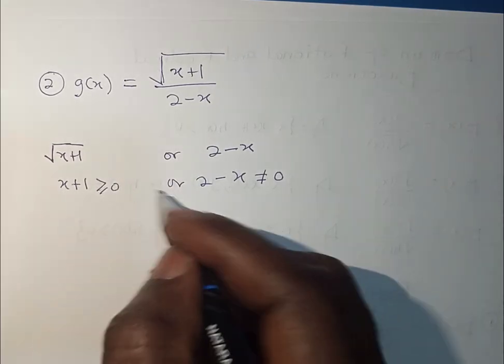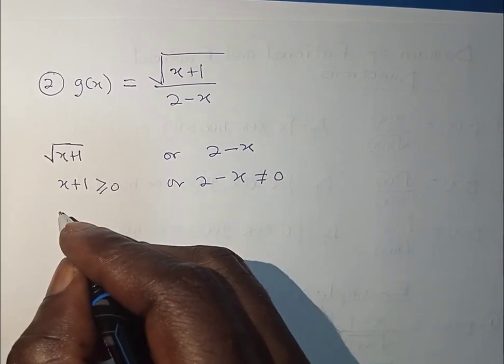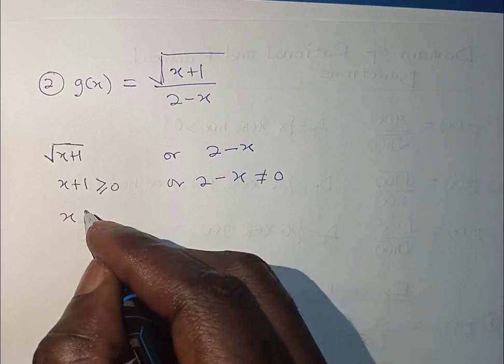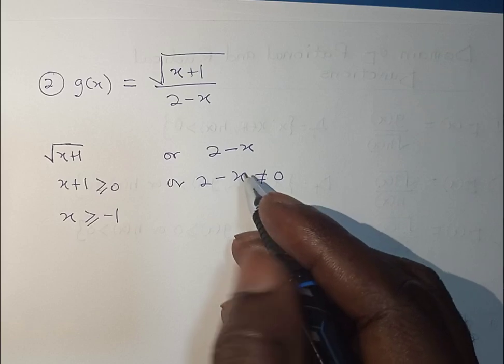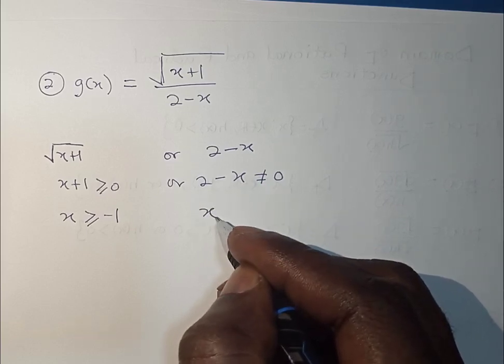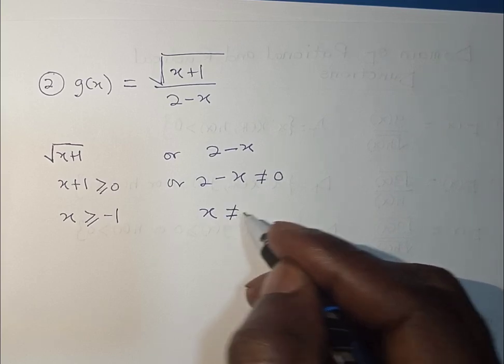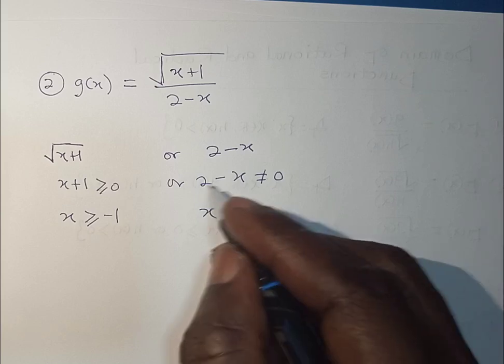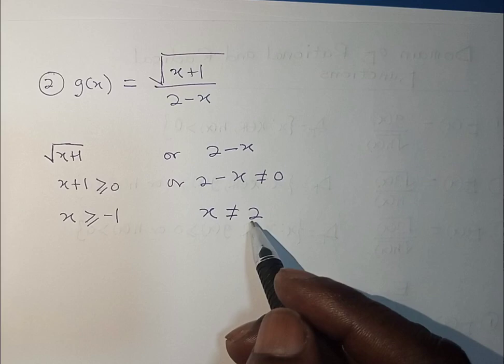So let's solve these two. We have x is greater than or equal to -1, and then here, if we solve, we are going to have x is not equal to +2. Good, so these are our solutions.